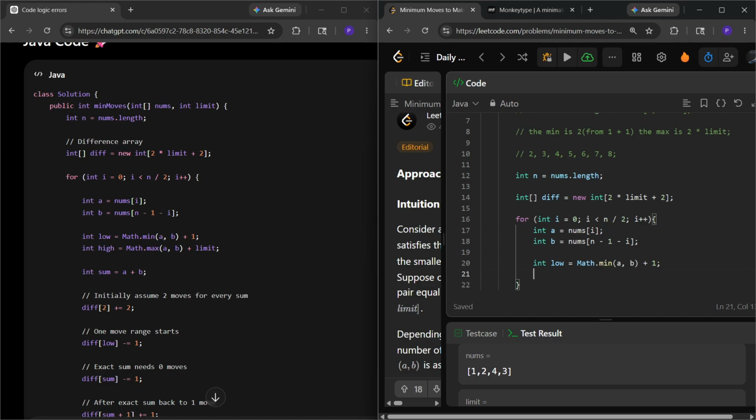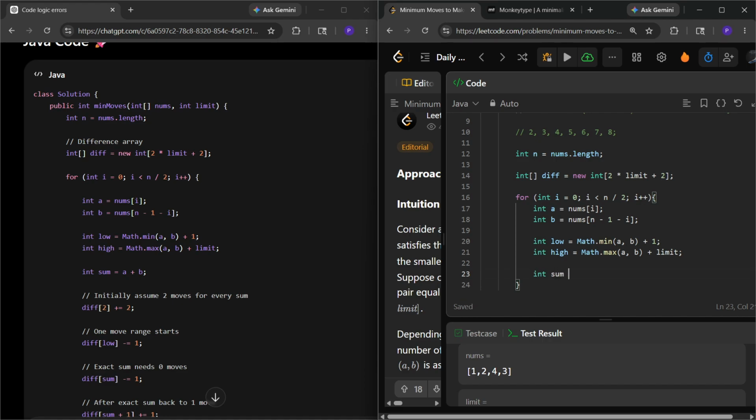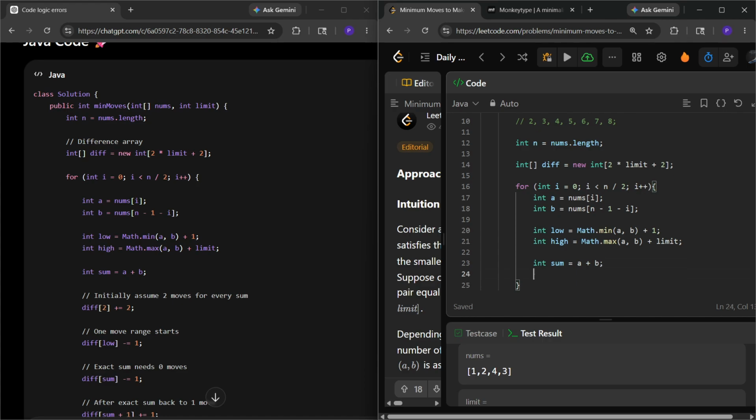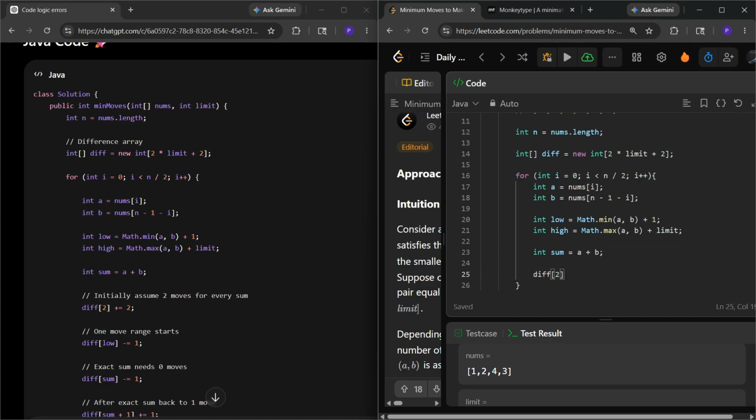The minimum value can be 1, but the lowest sum that I can get is 2. I have to add 1 regardless. And high is a plus b plus limit. Then the sum is a plus b.